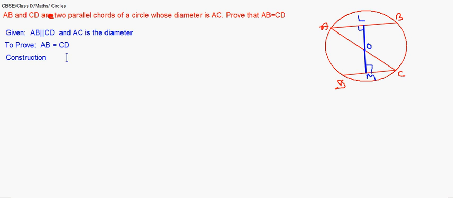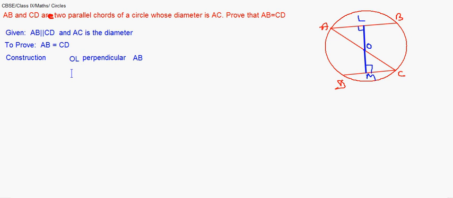that AL is perpendicular to AB. Similarly, not AL, this is OL, sorry, OL perpendicular to AB.